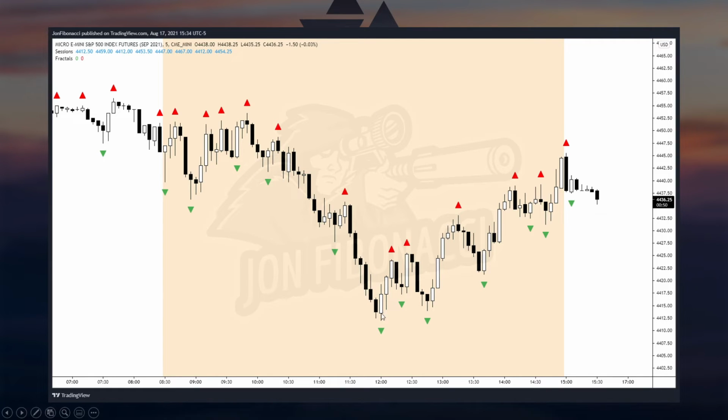So we actually see that here where around 12 o'clock we see a fractal low form, price trades higher, we get a retracement here, and then this is the expansion to the upside that I feel is a little bit more important, right?